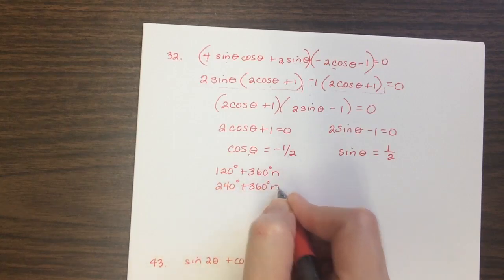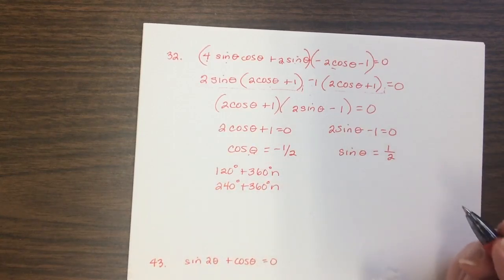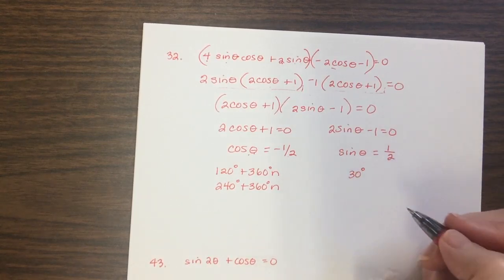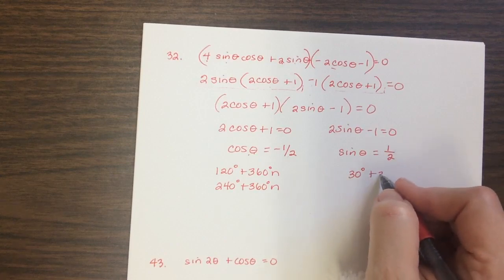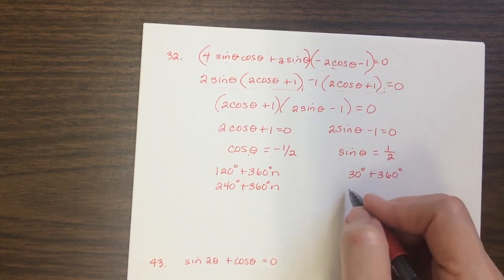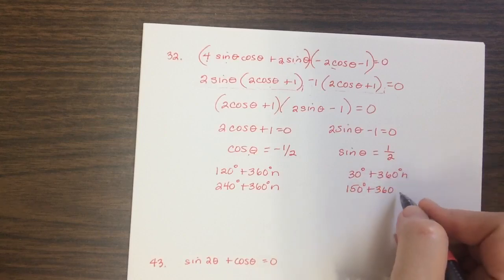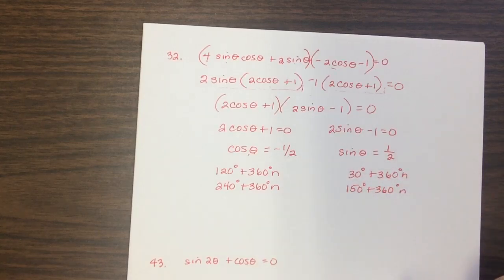Alright, sine of theta equals 1/2, we know that's 30 degrees, and then sine is positive in the second quadrant, so I'm looking at 150 degrees plus 360 times my integer.